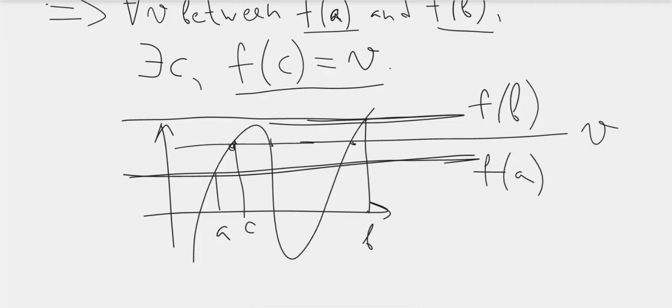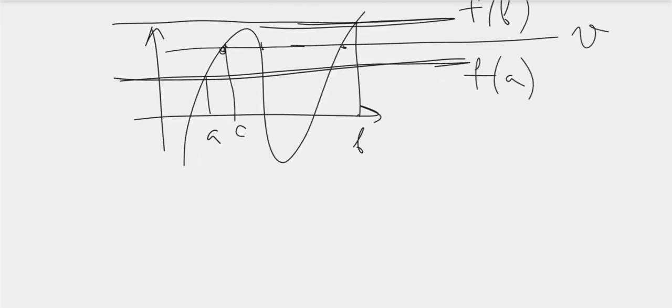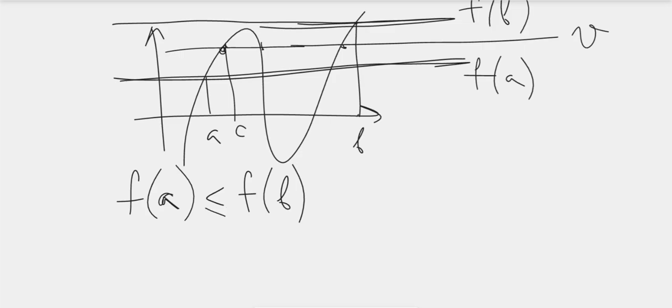So let's prove it. First, without loss of generality, we can assume that f of a is less than f of b. Strictly speaking, we can assume it's less or equal, but the case when it's equal is trivial.